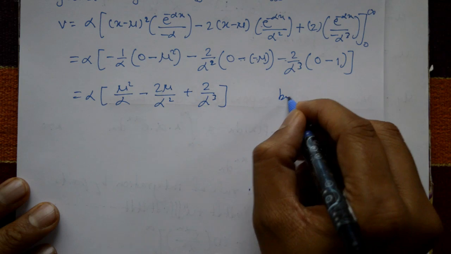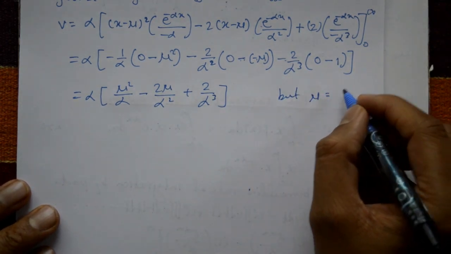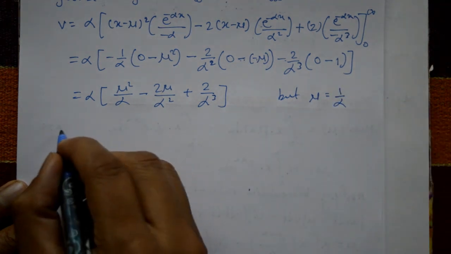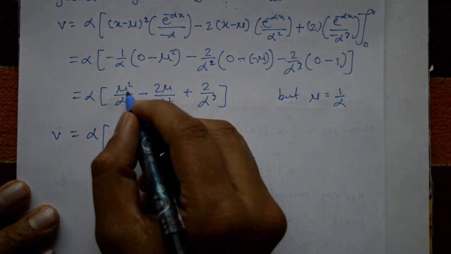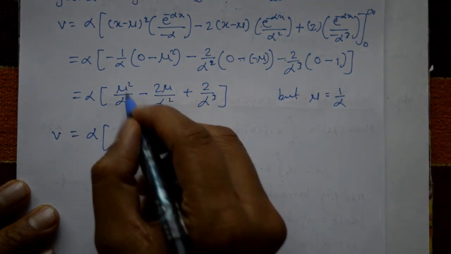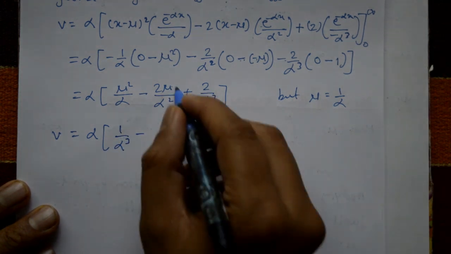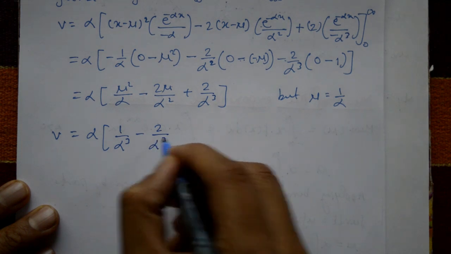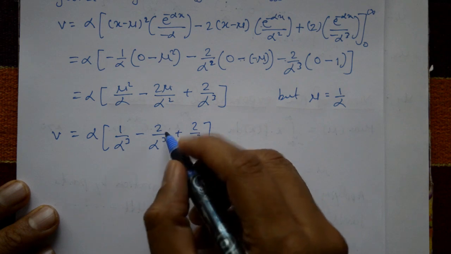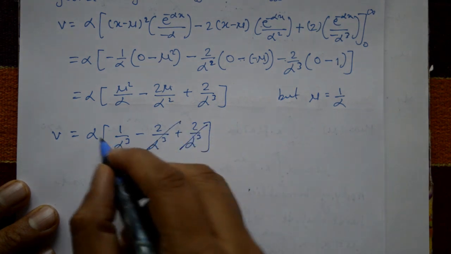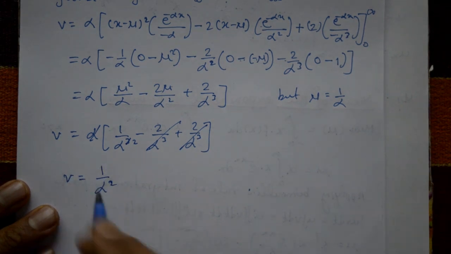Okay, but you know that mu, the mean of the exponential distribution, mu is equal to 1 by alpha, and variance is equal to alpha into, mu is 1 by alpha, mu square means 1 by alpha square, 1 by alpha square, and 1 by alpha is 1 by alpha cube, minus again 1 by alpha, 2 by alpha cube plus 2 by alpha cube. Okay, now plus minus get cancelled, alpha cancels and this is alpha square, and variance is equal to 1 by alpha square.